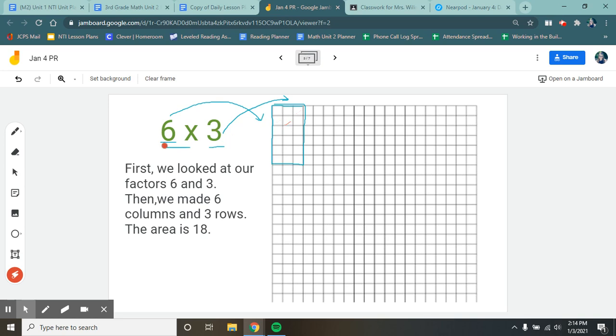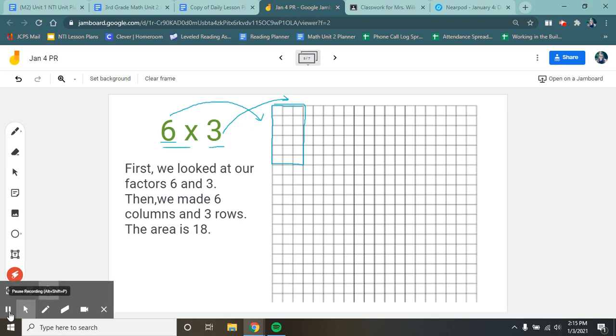But just remember, as these factors get larger, they're going to have more boxes, so it's going to be harder to count by 1s. And I think it's going to be really good for you guys to start practicing counting by multiples of 2. So counting by 2s, 4s, 5s, all of those things are going to help you.